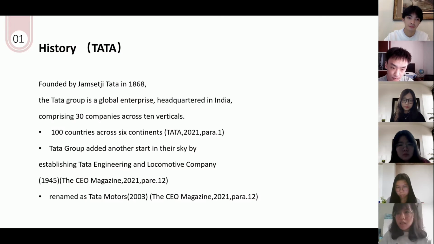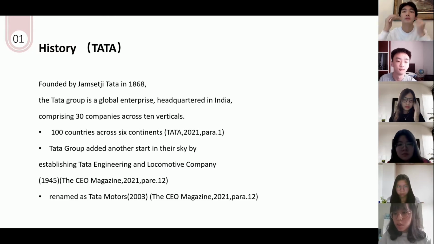Next. Founded in 1868, the Tata Group of companies is one of India's oldest business enterprises. It is operating in more than 100 countries across 6 continents with 246,000 employees. In 1945, Tata Group added another star in the sky by establishing Tata Engineering and Locomotive Company.